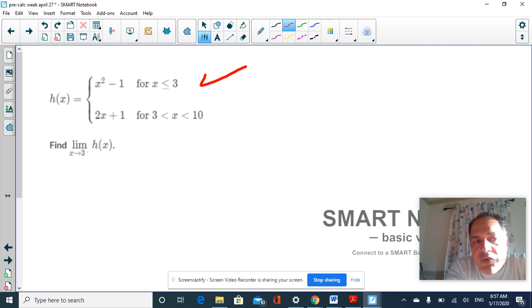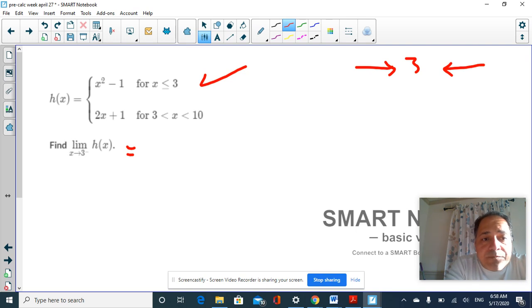So we are going to use the first one because he is looking only for the limit when x approaches 3 from the negative side. It means when x is less than 3, okay? Because approaching from the left means from numbers less than 3, and from right means from numbers greater than 3.